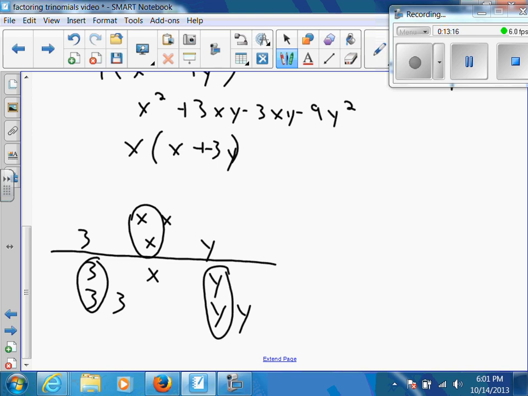Since this is minus, I have a minus. Remember, since this is a minus, I'm going to change that last one from minus to a plus. What's left? X and 3y. Do the insides match? Yes, they do. So x plus 3y, and then the outside, x minus 3y.